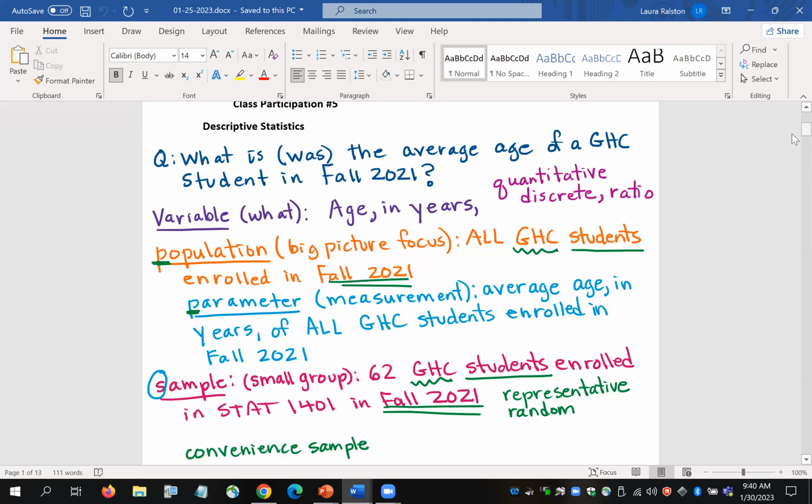It is not, and should not be, the average age. The word average is the measurement. The measurement is the parameter if it is related to the population, and it is the statistic if it is related to the sample. The variable itself is the what.